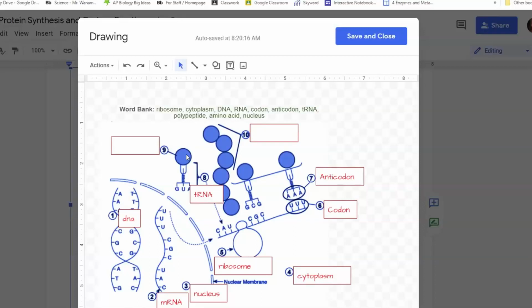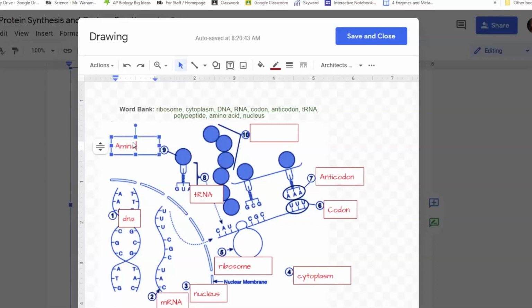What is it carrying? Natasha, what does it carry? tRNA is bringing individual what to the ribosomes? Building blocks of proteins. Amino acids.